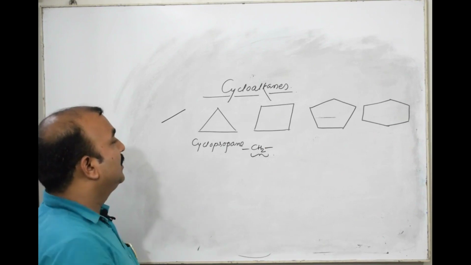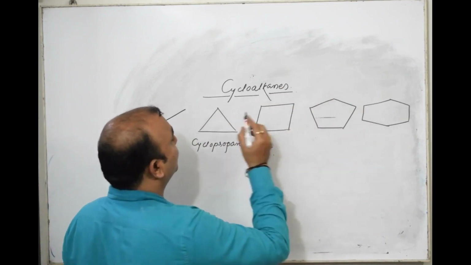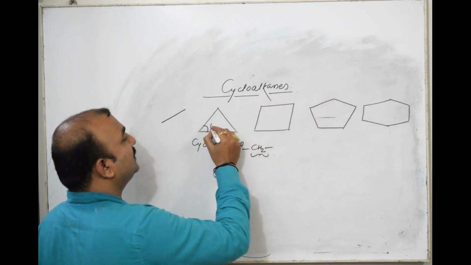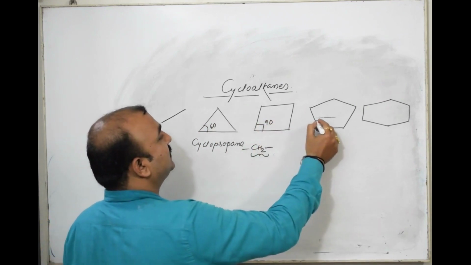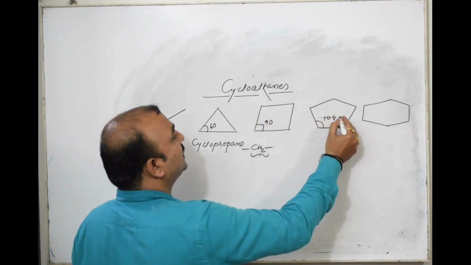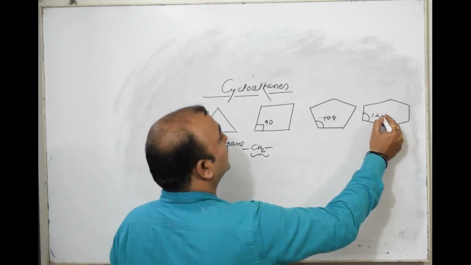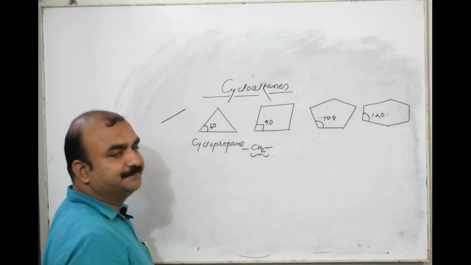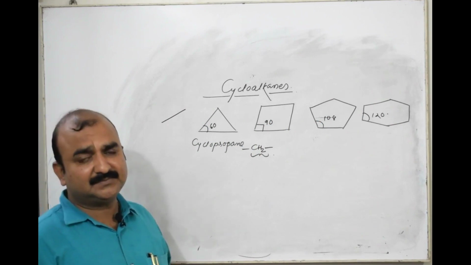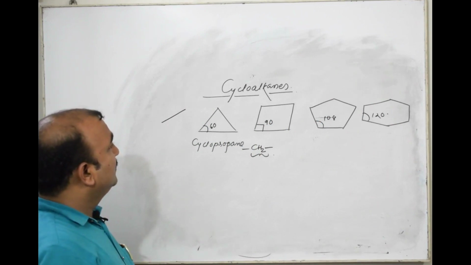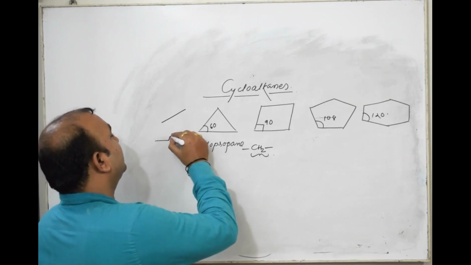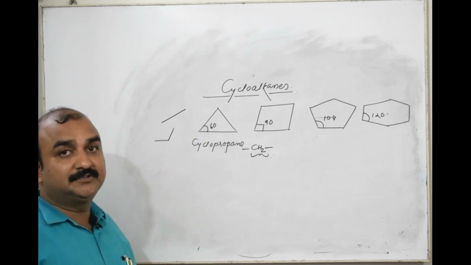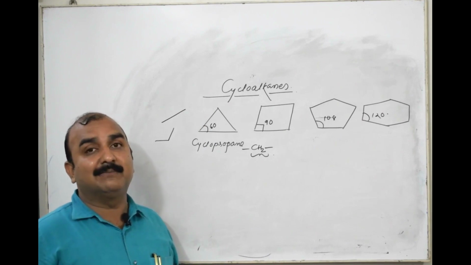Now, when you have cyclopropane, the internal angle is 60. Here the internal angle is 90. Here the internal angle is 108. And for cyclohexane, the internal angle is 120, theoretically. Between cycloalkanes and our normal alkanes, there is a great difference in stability.